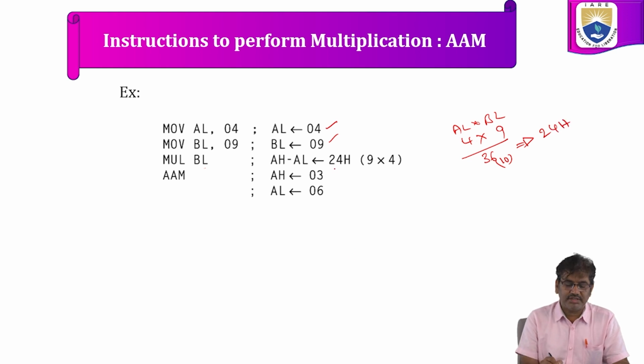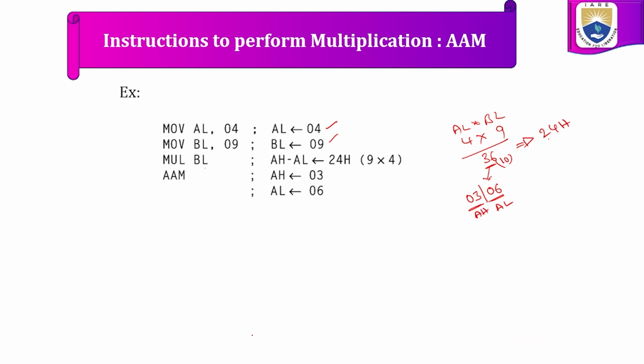So the 24H will exist in the AH AL register, that is, the AX register contents. After the AAM instruction, whatever the decimal equivalent is will be copied into unpacked BCD, that is, 06 we can see in the AL register, whereas 03 we can find in the AH register.